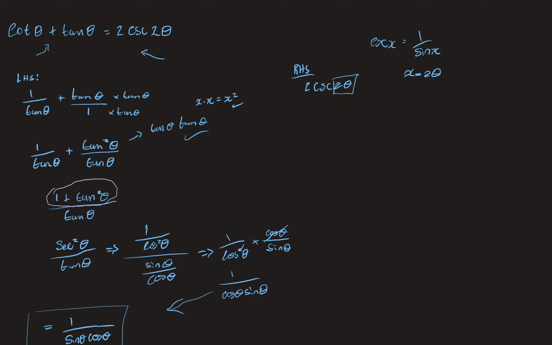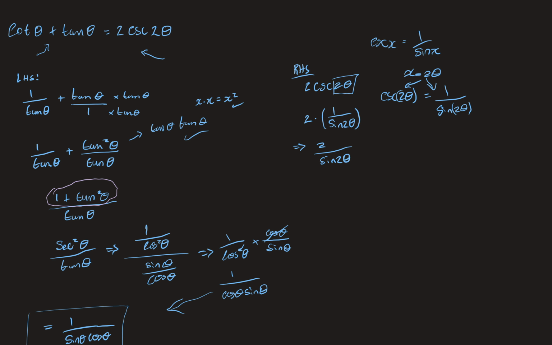So CSC 2 theta, I'm just subbing it in, is equal to 1 over sine 2 theta. So this can be written as 2 times 1 over sine 2 theta, and distributing the 2, we get 2 over sine 2 theta.